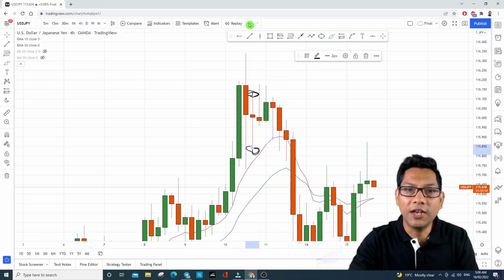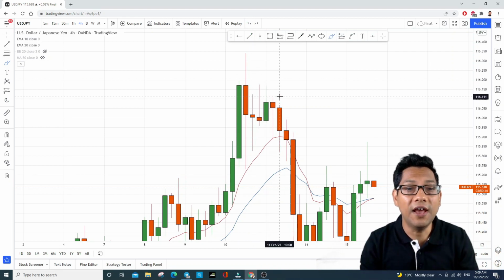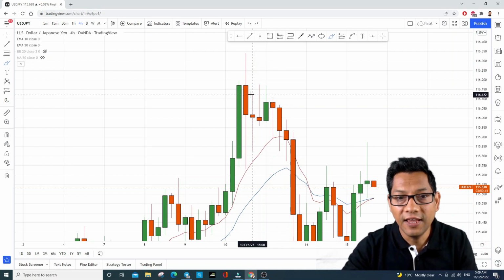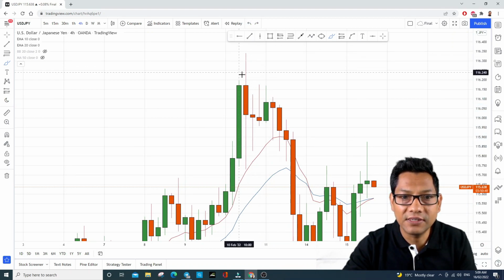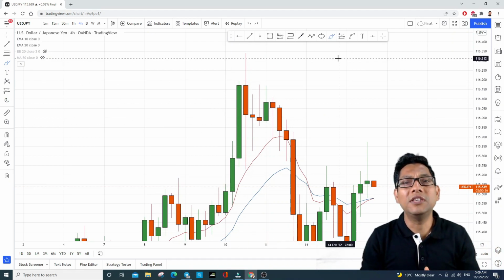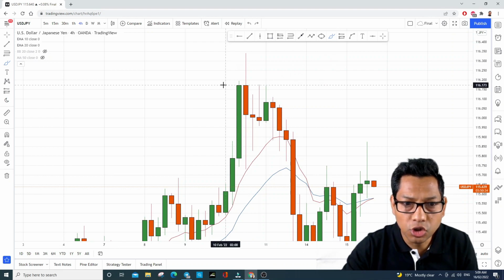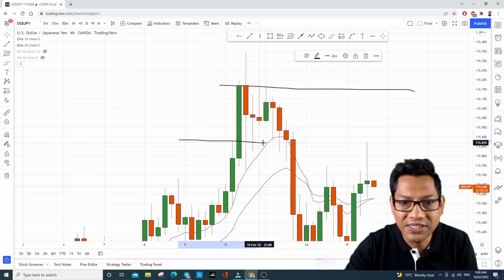So that means the buyers are no longer strong enough to push the price high. This doji closed below the previous candle's body. So what all this means is, this zone is now a zone of sellers.